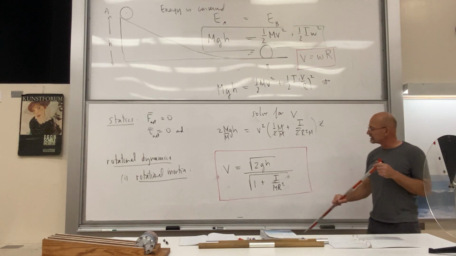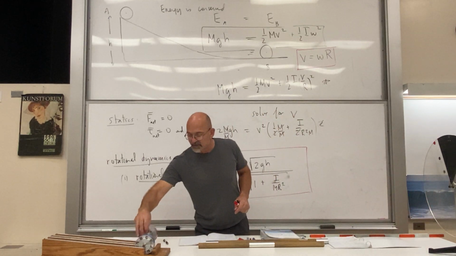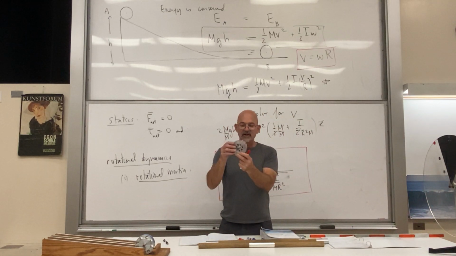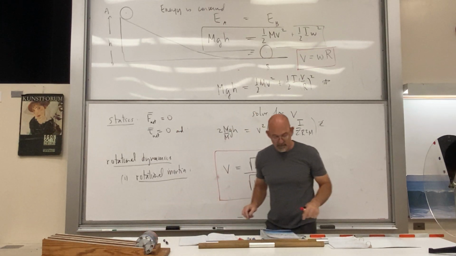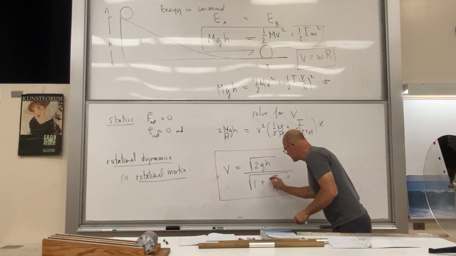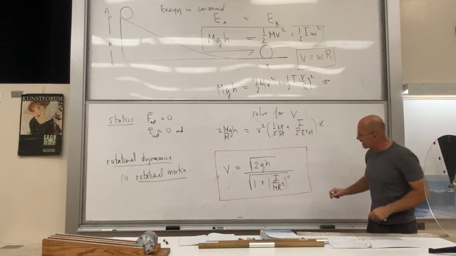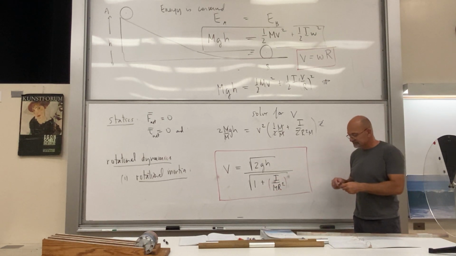Now, because we've got this denominator, 1 plus something, the actual speed here is slower. It's slower because a lot of the kinetic energy is in the rotational component. The way this rotational kinetic energy comes into play is the 1 plus this term right here.